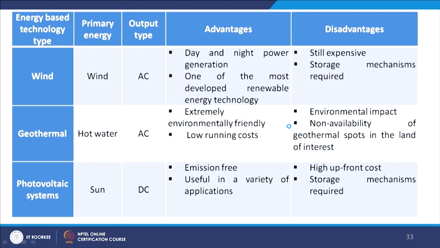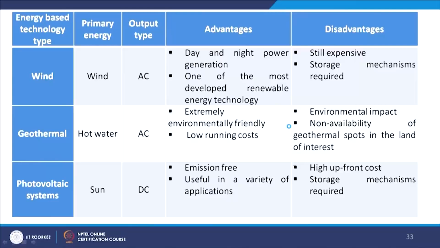Now, the next one, once again one of the most important distributed generation energy sources in the current scenario, is photovoltaic systems. The primary energy source is the sun, the output type is DC.